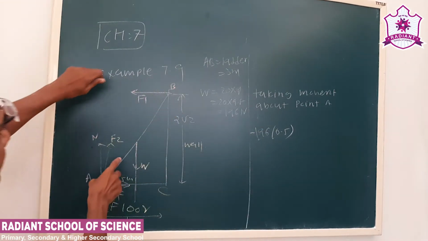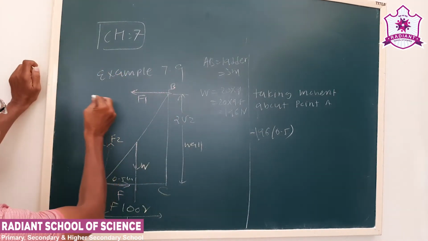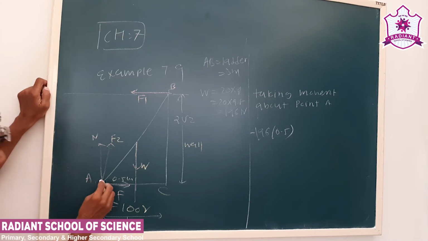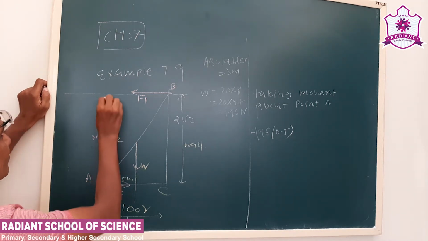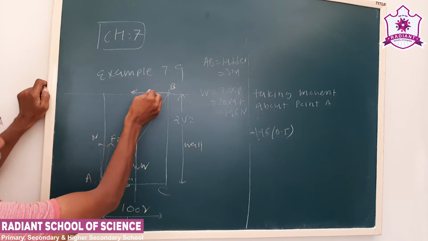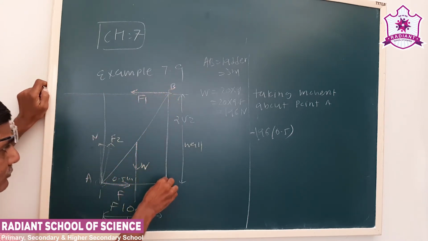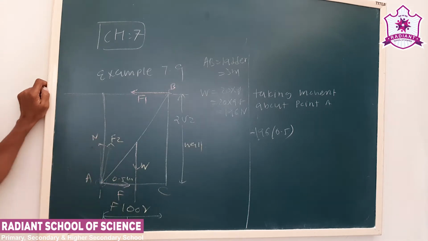Now this force F1: we have to calculate its moment about point A. The perpendicular distance of the line of action of F1 from A equals the height of the wall, given as 2√2 meter.